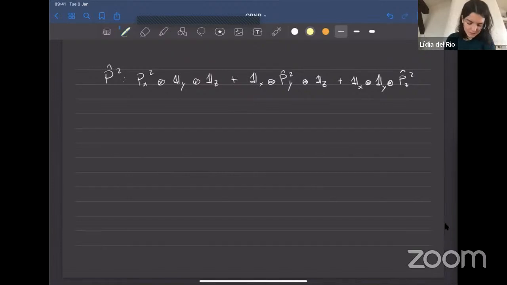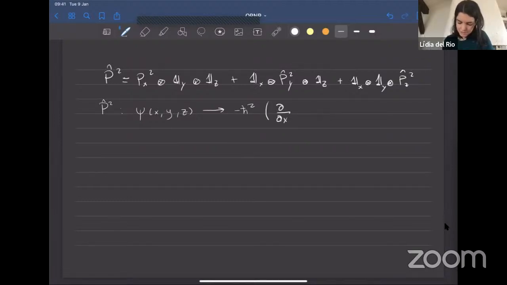So we saw that this is a definition, but we know that p squared acts on the wave function in Cartesian coordinates as minus h bar squared and then a bunch of derivatives. Right, this is a Laplacian.